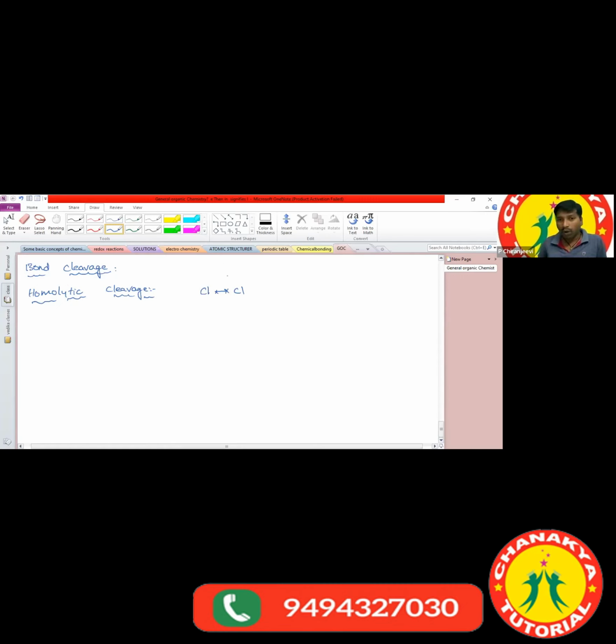Based on homolytic cleavage, if you divide these two electrons, each chlorine atom contains one electron. So each chlorine atom contains an odd number of electrons. By symmetrical cleavage, atoms have an odd number of electrons. What are free radicals? The atoms or molecules which contain an odd number of electrons are called free radicals.